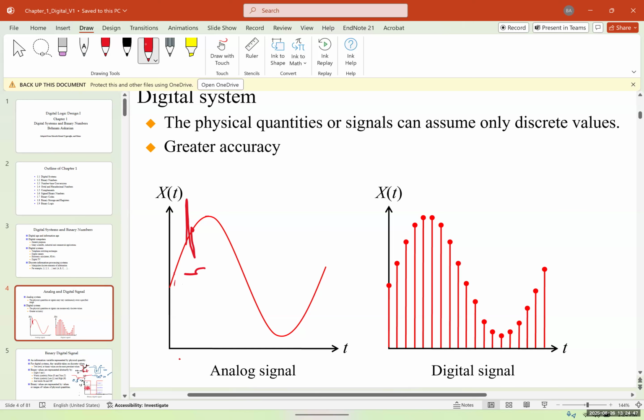And imagine this one is our noise, okay? I'll show it with N. If I want to get rid of this noise and filter the noise, for an analog system, we have to use different types of filters. We may use a notch filter, and then we don't know the exact frequency, so we have to shift that frequency. It's going to be very difficult.